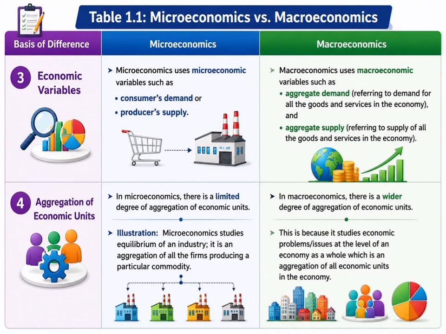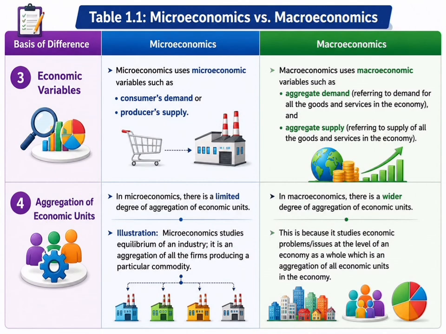Similarly, aggregate supply means the total supply of all goods and services produced in the entire economy. For example, suppose we want to know how many mobile phones one consumer wants to buy. That is microeconomics. But if we want to know the total demand for all goods and services in India, that is macroeconomics.